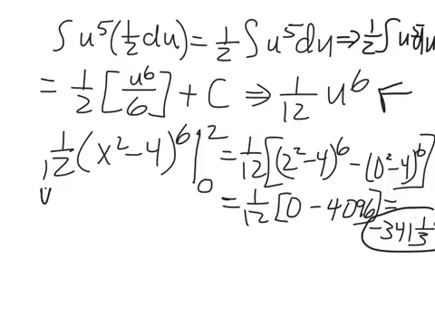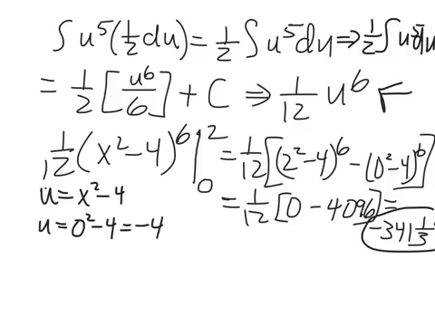Well, we said we're going to let u equal x squared minus 4. If x equals 0, u will be equal to negative 4.